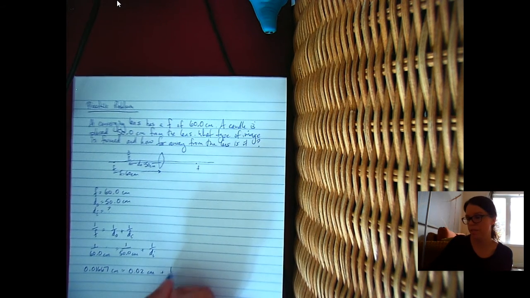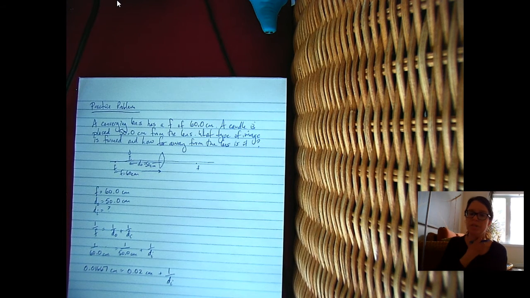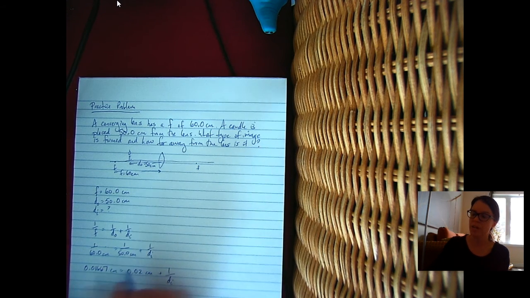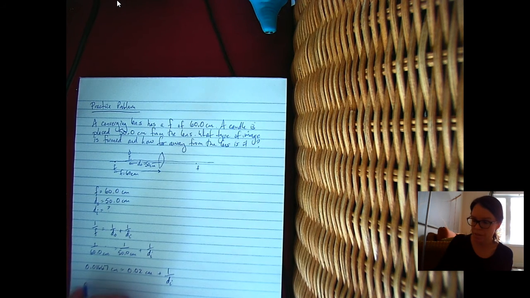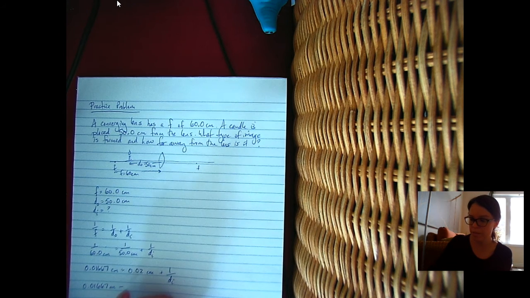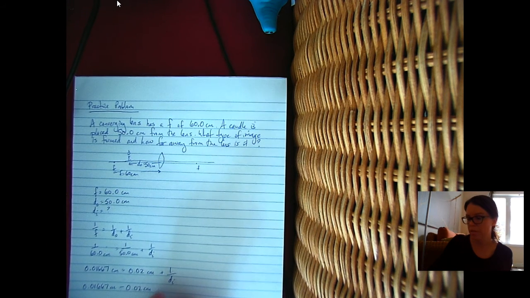I'm trying to get DI on its own, so I'm going to subtract 0.02 from both sides. So 0.01667 centimeters, bring this over, minus 0.02 centimeters equals 1 over DI.